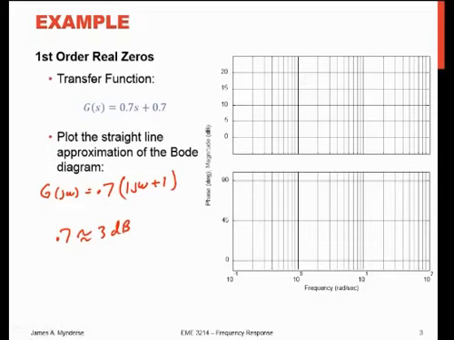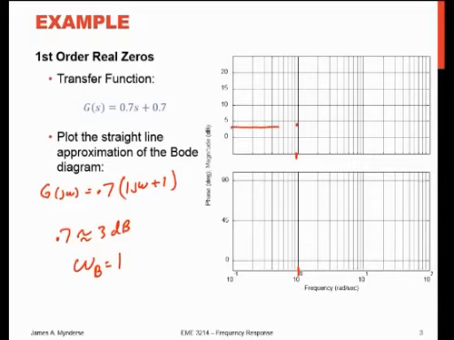And my break frequency here is 1 over 1, so omega b equals 1. So that's my break frequency here at 10 to the 0. I'm at minus 3 dB, so I'll start out about there and go to there.